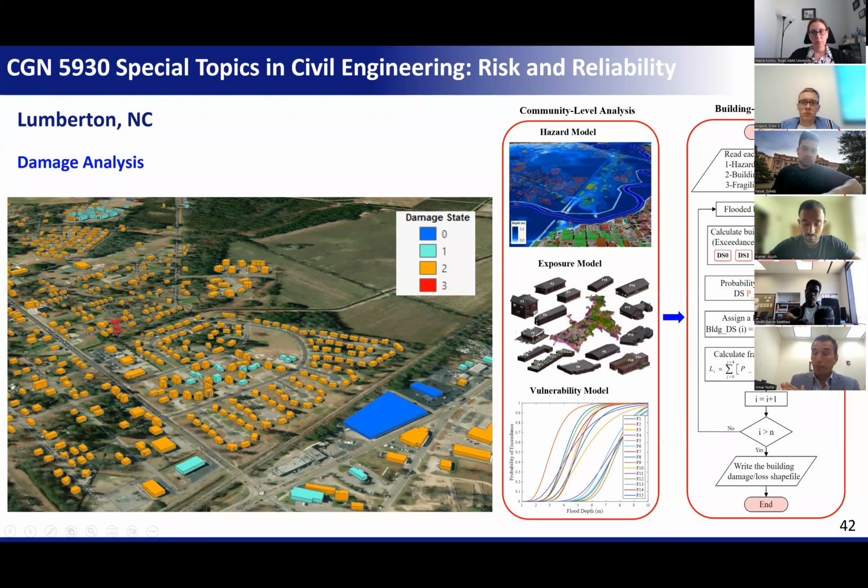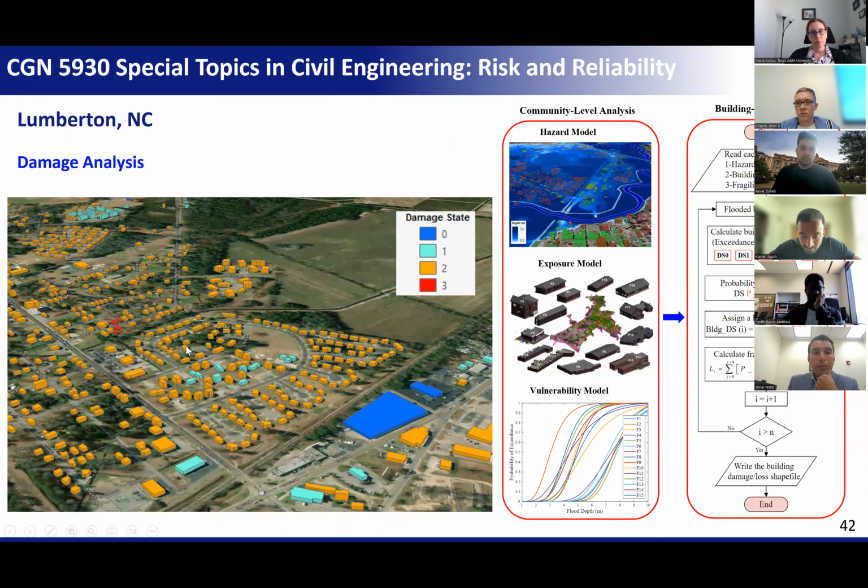And then we developed the code to calculate the hazard intensity at each building and identify what building archetype it is, and then use the fragility function corresponding to this archetype and do building by building analysis to identify the damage state for each building. And once we are done, we keep looping one more time to get to the next building until we finish the damage analysis for the entire community.